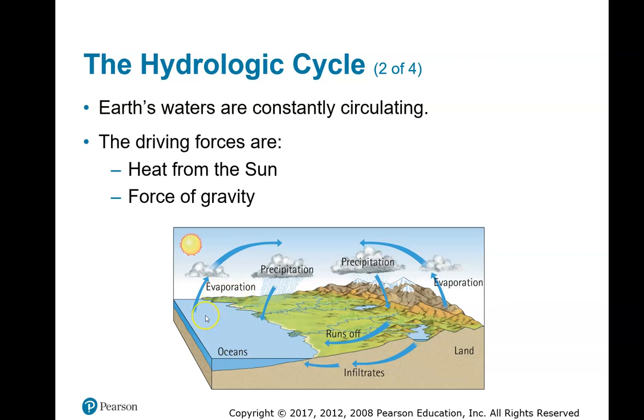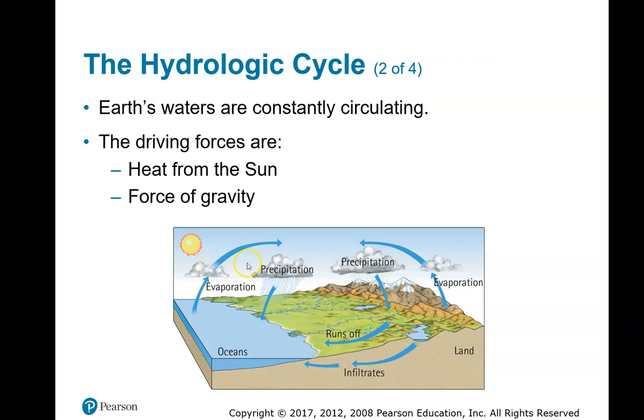The evaporation process is going on constantly when the sun is shining over the oceans, and that's just about any given day, all over the planet. When the planet rotates towards the sun, you get sunlight, and of course there's evaporation taking place, and that's actually turning the salt water into fresh water, but in vapor form, right?